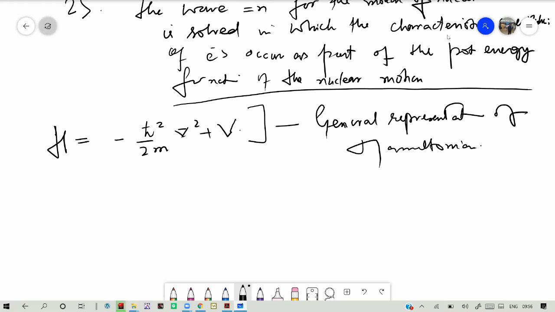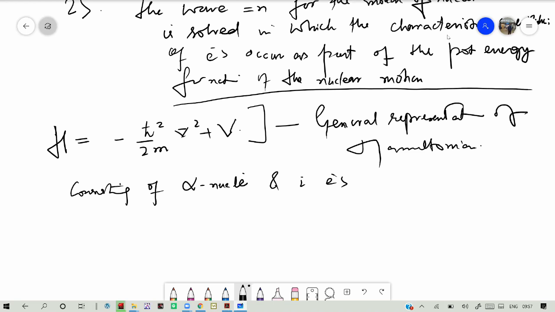For a molecule having alpha nuclei, 1, 2, 3, 4, 5, 6, n equal to alpha, so it has n alpha nuclei, and it contains i electrons.